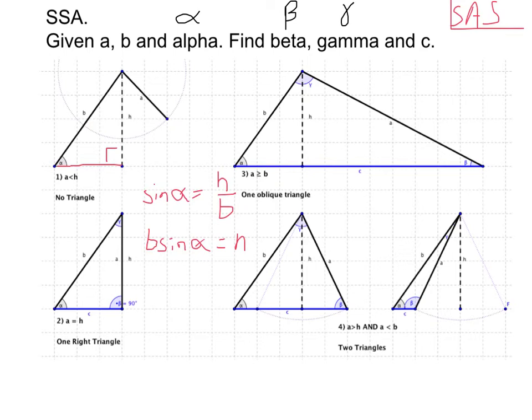And again, must focus on the fact that A is just the side across from the given angle. You're always going to be given one angle and two sides in a side-side angle situation. And so A is the side across from the given angle. B is the other side you're given. So it's B times the sine of alpha that gives us the H, and we're comparing A to that.